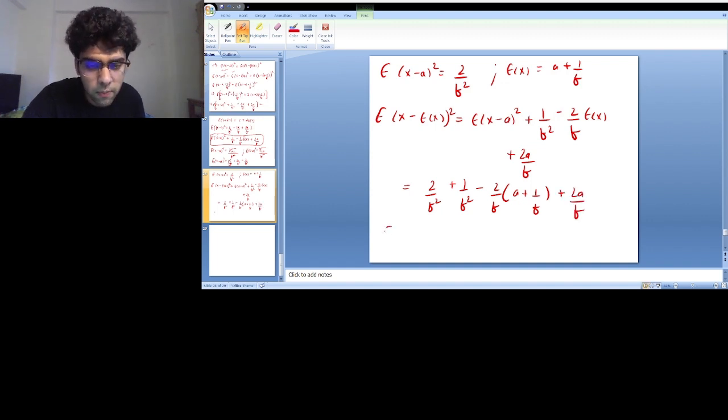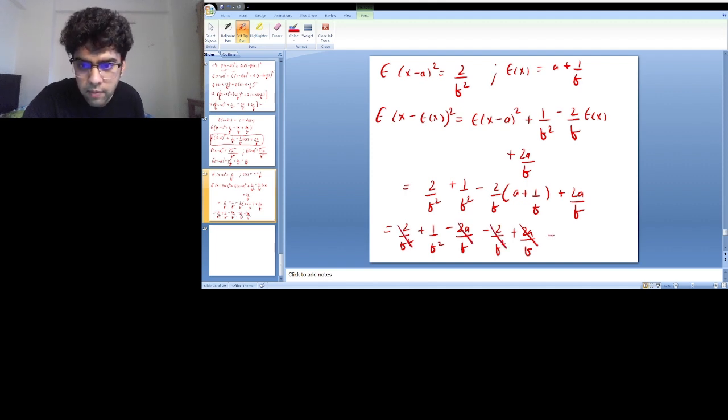So opening this up, plus 2a upon b, this gives me 2 upon b squared plus 1 upon b squared minus 2a upon b minus 2 upon b squared plus 2a upon b. These terms cancel, and I am left with 1 upon b squared.